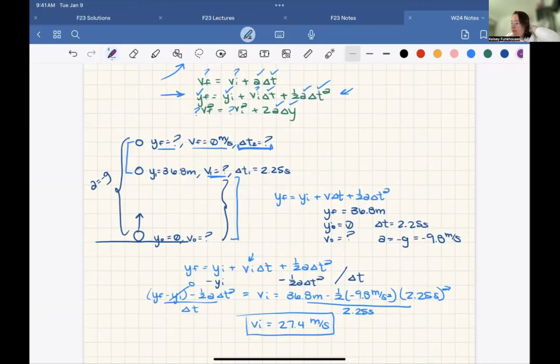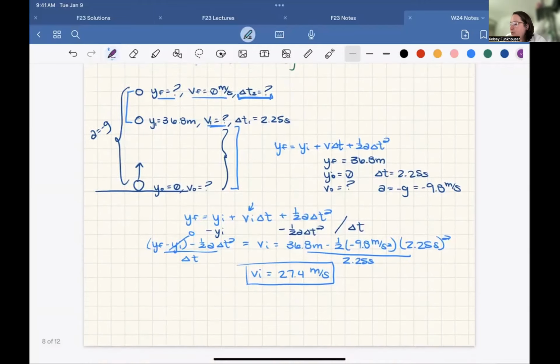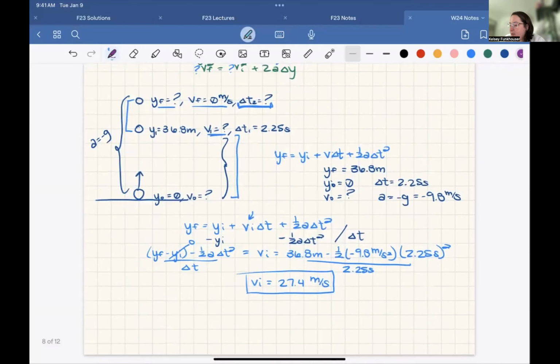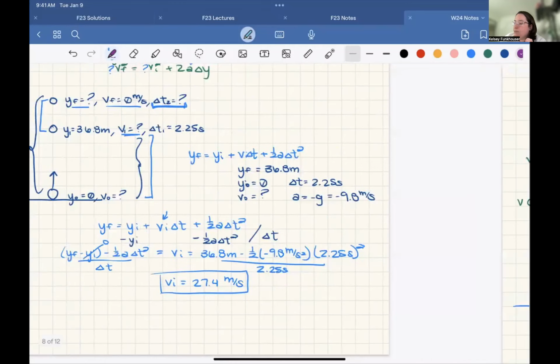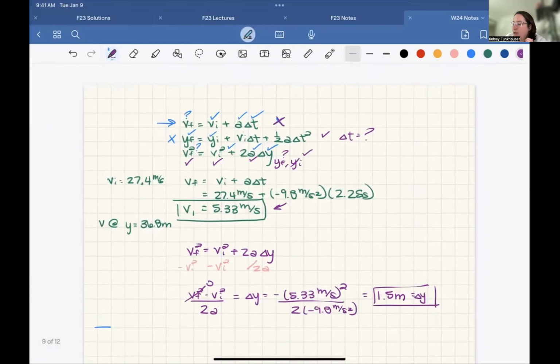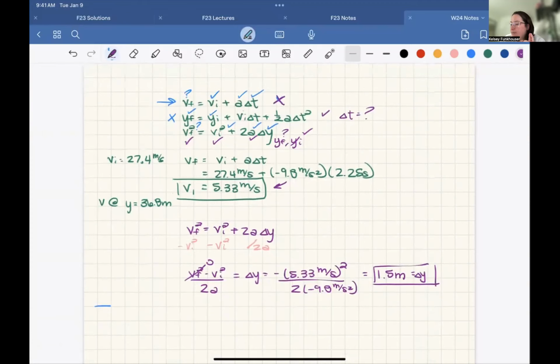So now back to the long kinematics equation. I also wrote out our variables to remind us, and then we needed to solve for the initial velocity, and we got 27.4 meters per second. Then we needed to solve for the velocity at 36.8 meters.